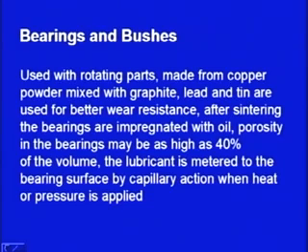So, porosity in the bearings may be as high as 40% of the volume, and the lubricant is metered out to the bearing surface by capillary action when heat or pressure is applied. So, when the self lubricating bearing is in service, on the application of pressure or heat, the oil that was impregnated during the manufacturing process will come out using capillary action and will act as a lubricant.